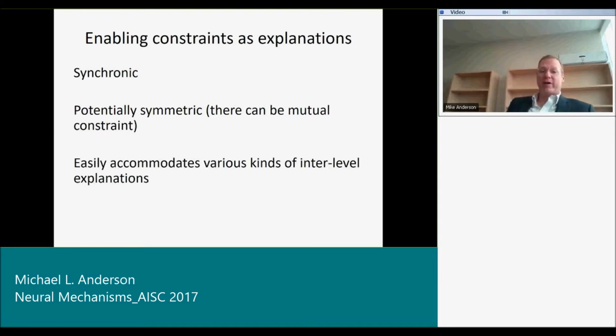It also easily accommodates various kinds of inter-level explanations. You know, Craver is famously kind of allergic to top-down causation, but that's because it's top-down causation. You can certainly have top-down constraint without violating any kinds of epistemic or other. And it applies at multiple spatial scales.